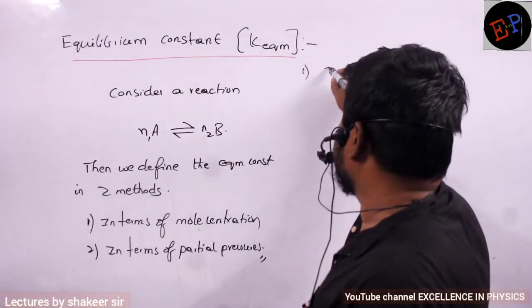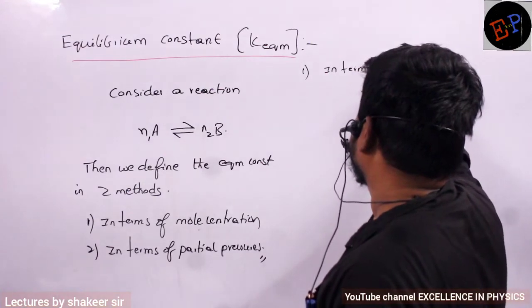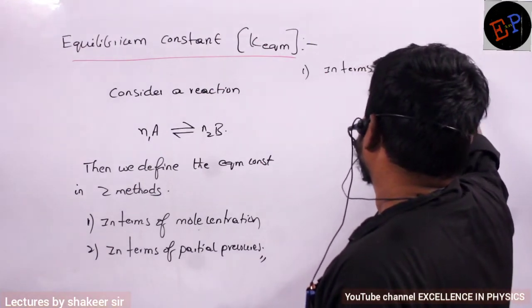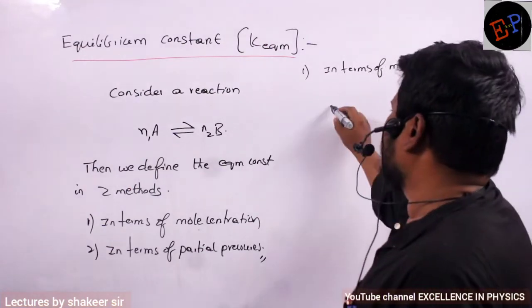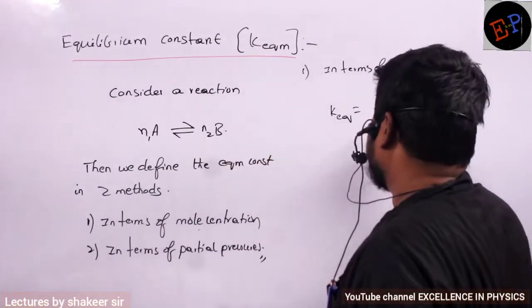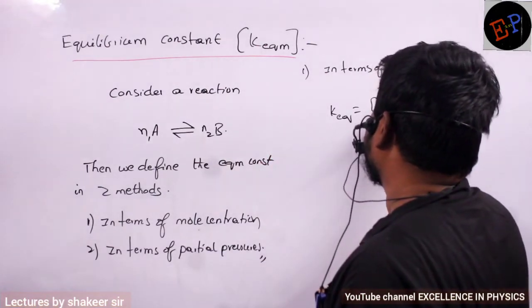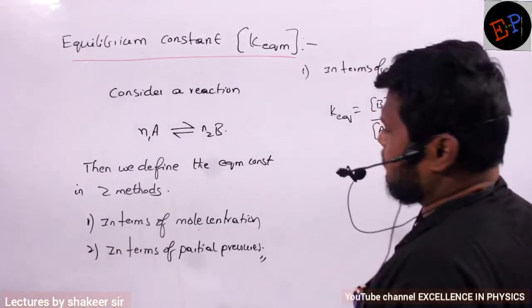First one is in terms of mole concentration. I can write the constant of equilibrium is equal to concentration of B to the power of N2 divided by concentration of A to the power of N1.